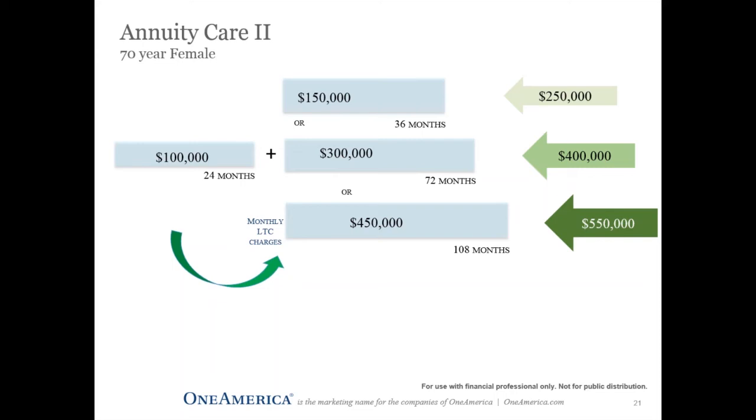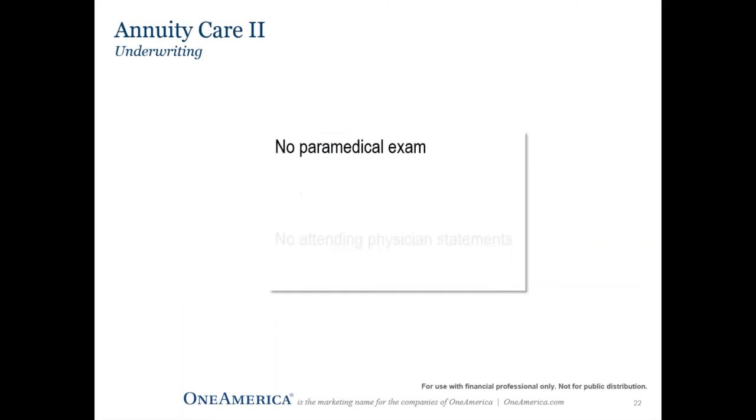Now, check it out. How do we underwrite this case? Well, we're never going to ask for a paramedical exam. We're never going to look at doctor's records. We're only going to ask the client to do a 15-minute telephone interview. In this phone call, there are 2 sections. It's going to be medical history, which was just disclosed on the application, and it's going to be a cognitive acuity quiz.